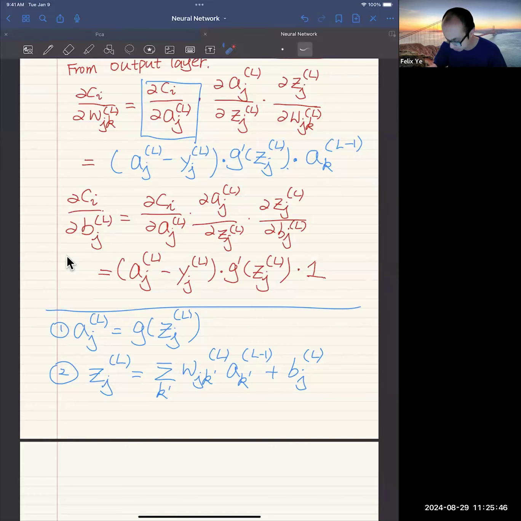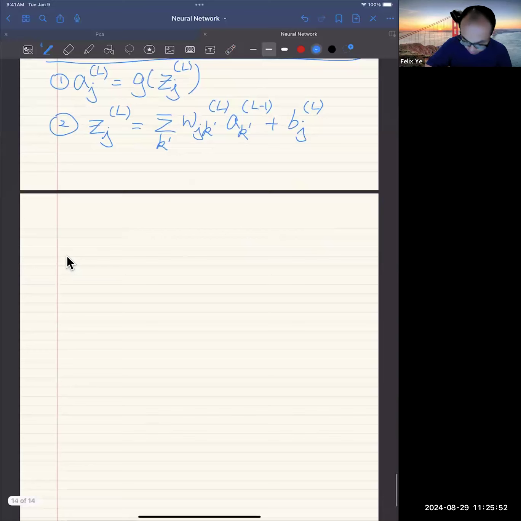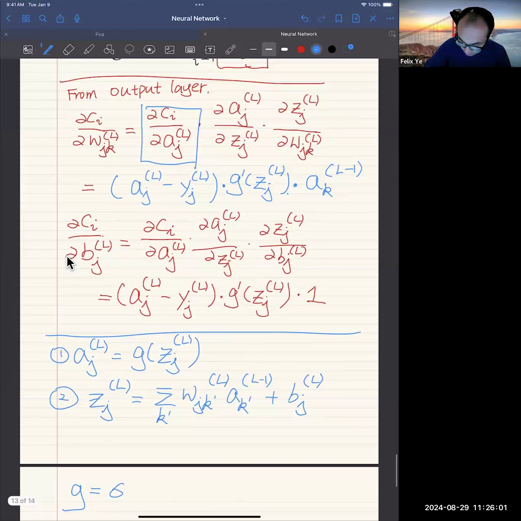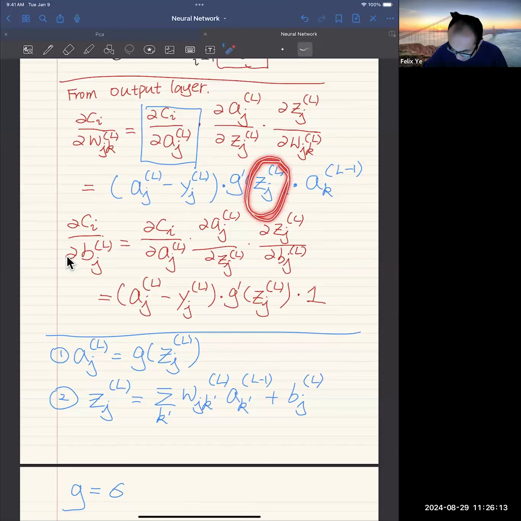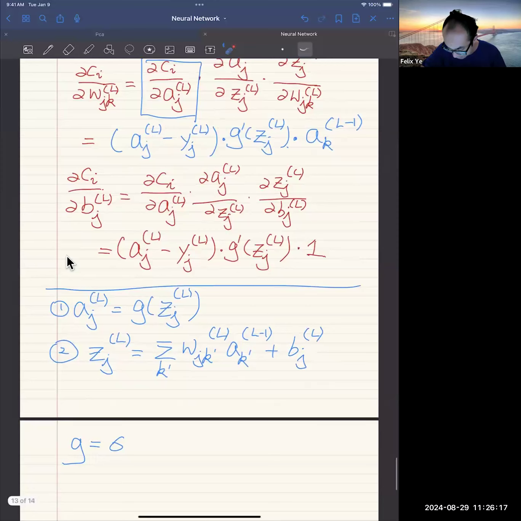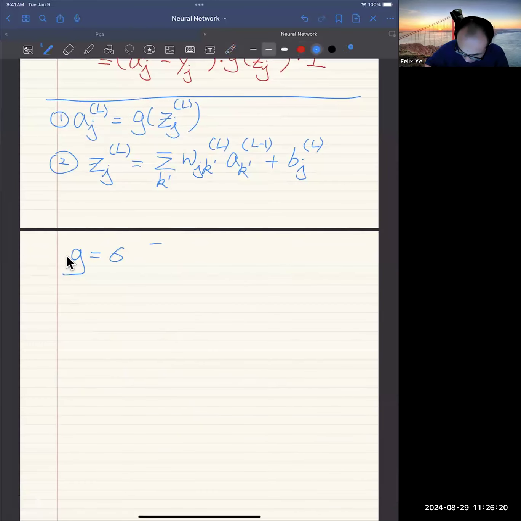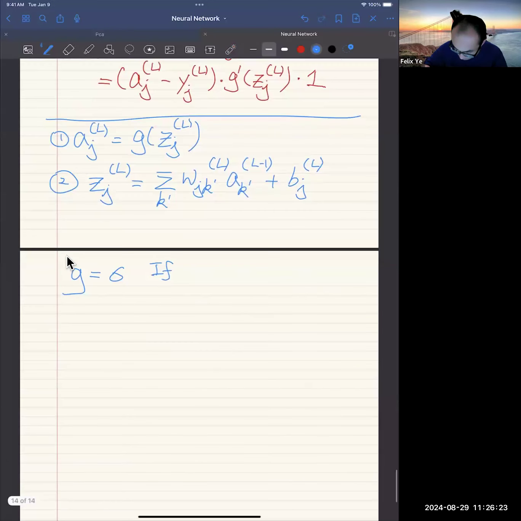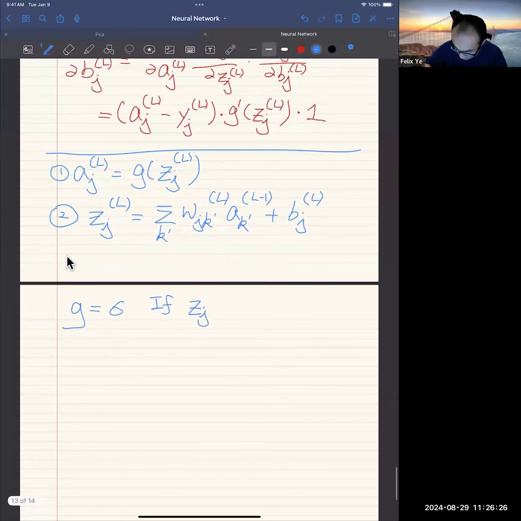Particularly if we choose g equal to the sigmoid function, even if this part is really large, the pre-activation value could be very far away from zero, too large or too small.